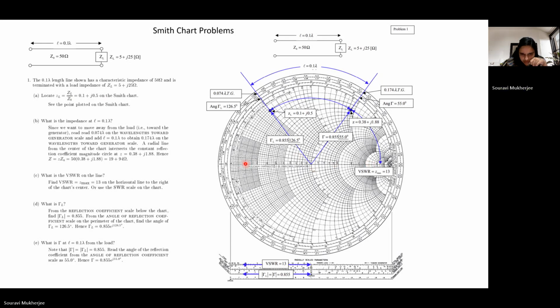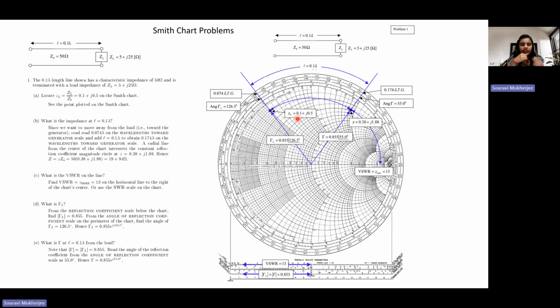This circle corresponds to the 0.1 circle, right? And then the imaginary part is 0.5. So now along this line, look for 0.5, which is here. So this arc and this circle intersect at this point. That is your normalized load represented on the Smith chart.